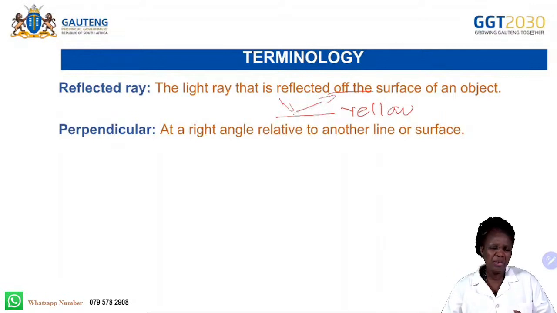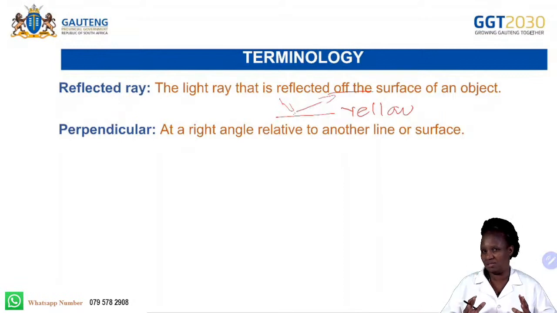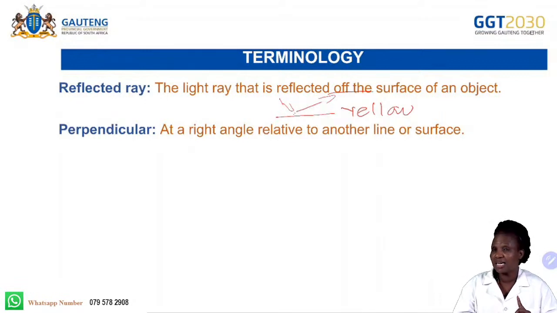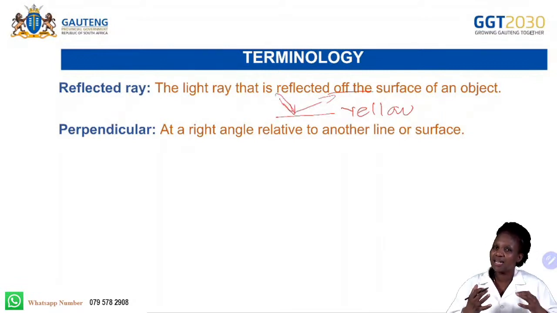Do you get it? And then what will happen to the other colors of the rainbow or the other colors of the visible spectrum? They will be absorbed. Do you get it? That's why we're not going to see them. We're only going to see the color that is being reflected. All right? Therefore, reflected ray, this is the light ray that is reflected off the surface of an object. For example, this ray that is coming in, it is the incoming ray.